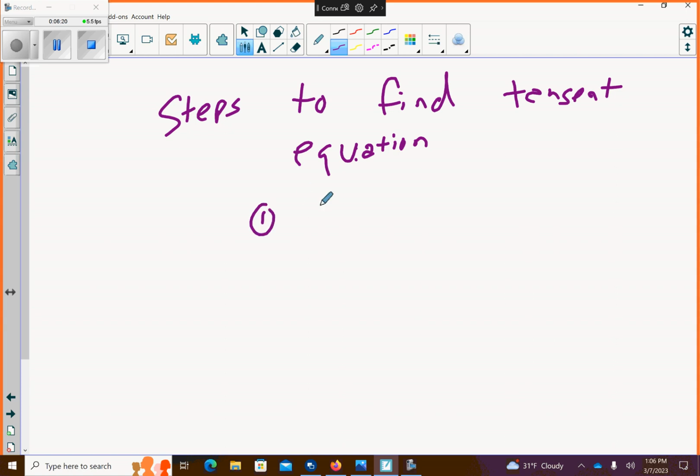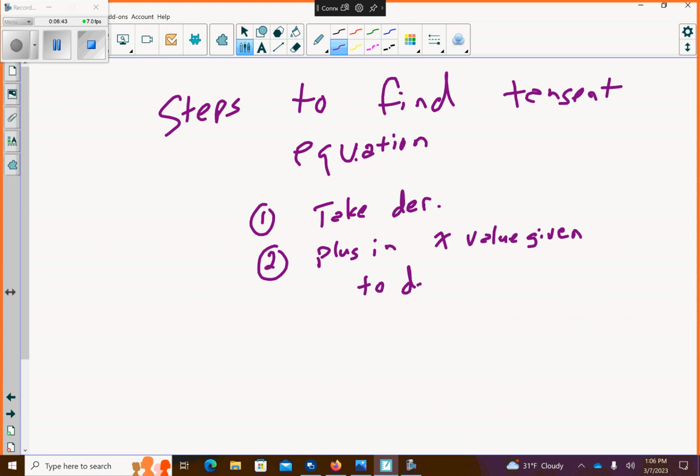First thing, take the derivative. Second, plug the given x value into the derivative, and that'll find the slope.